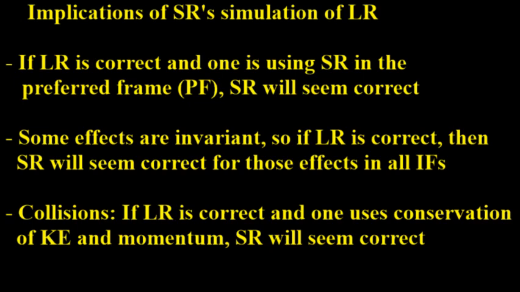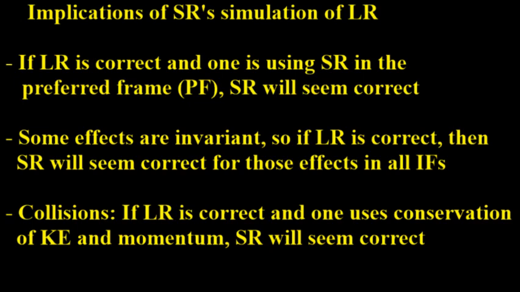Well, first, if Lorentz relativity is correct, and one is using special relativity and happens to be in the Lorentz preferred frame, special relativity will seem correct, because the equations are the same, except Lorentz relativity uses absolute velocity and special relativity uses relative velocity.